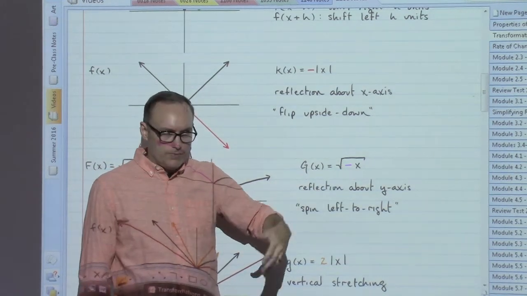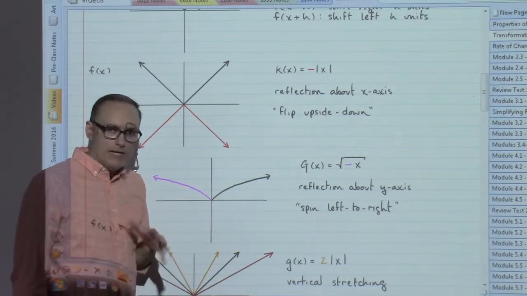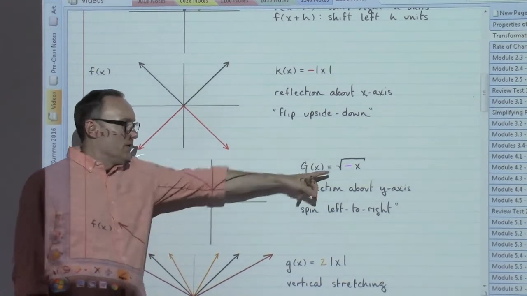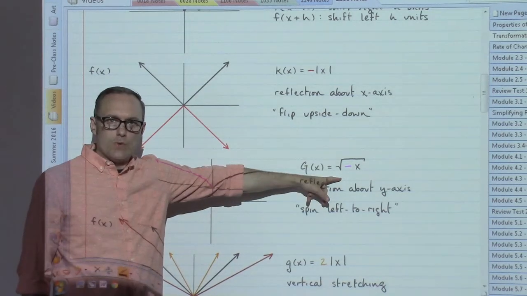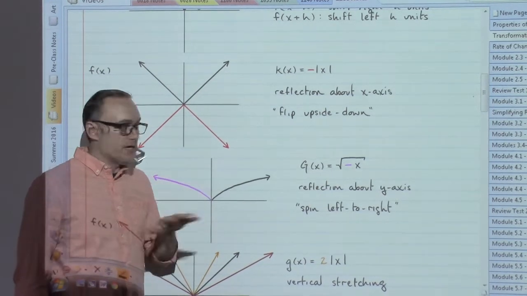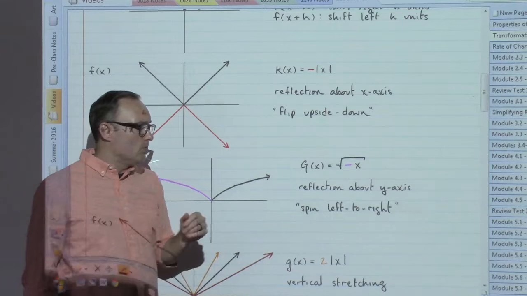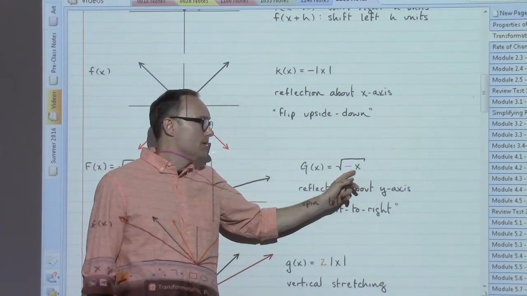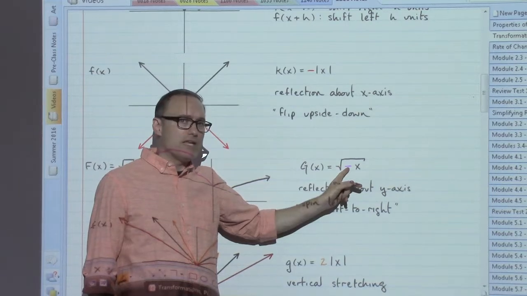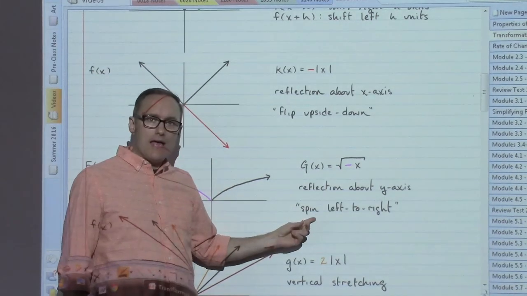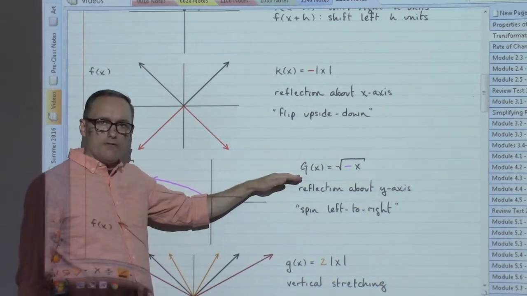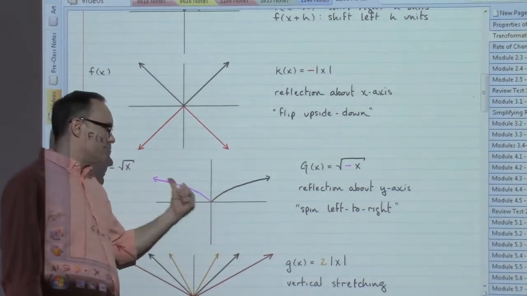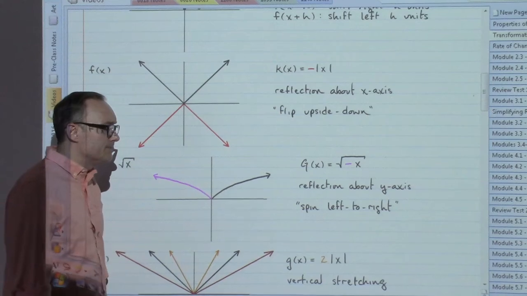So we're still going to be able to plug in 0, that's okay, but we're not going to be able to plug in a positive 1 because we couldn't have the square root of a negative 1 showing up in our grid. So we're going to have to instead plug in negative numbers to offset that negative that's already in there. And that means that instead of our graph going off to the right, we're having to spin it around, and it's going to have to go off to the left.